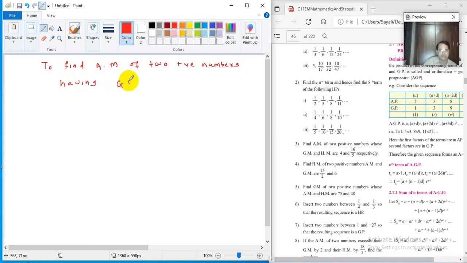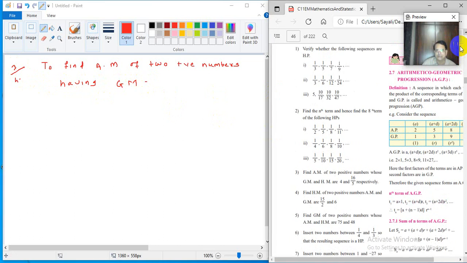Having geometric mean. I am solving problem number 3. Find arithmetic mean of 2 positive numbers whose GM and HM. So this is problem number 3 from exercise 2.4.